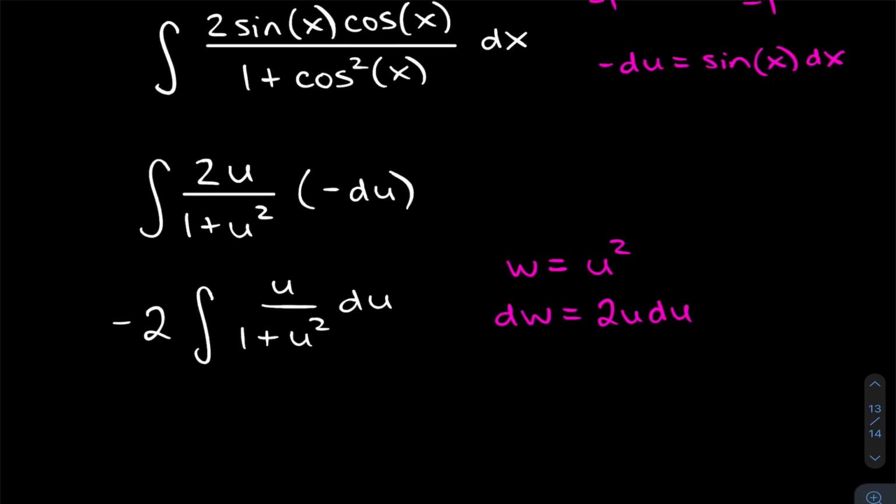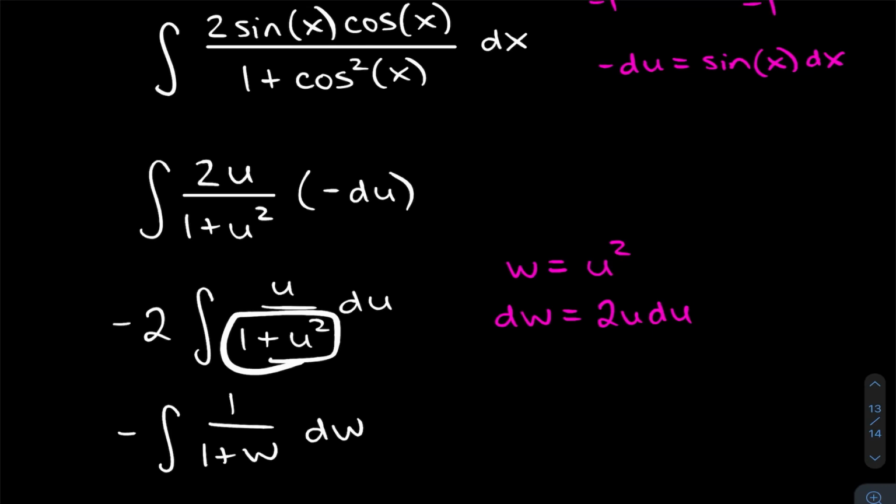You get the negative integral of, this guy and the 2 are going to become dw. But then this denominator becomes a 1 plus w. And that just doesn't work, right? That's not something we can use reverse power rule on.